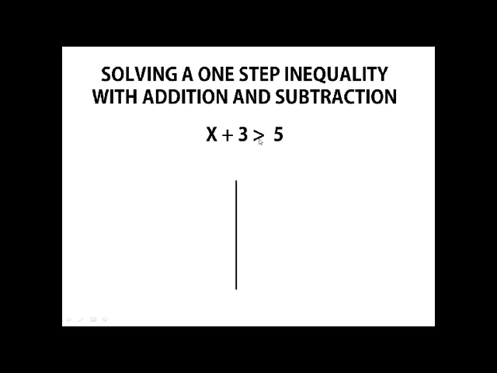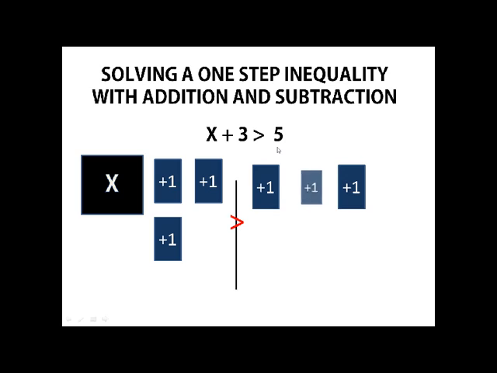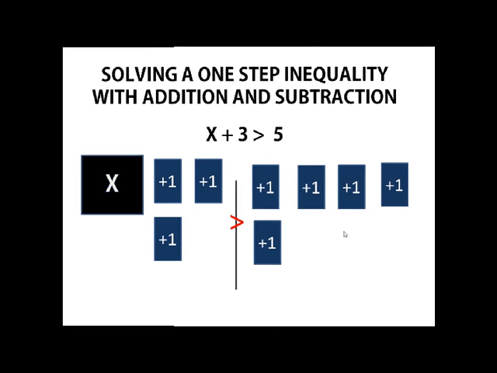So on this side of the greater than sign, we have x plus 1, 2, 3, correct? X plus 3. And on this side of the inequality, we have a positive 5, correct? 1, 2, 3, 4, 5. So this is positive 5.